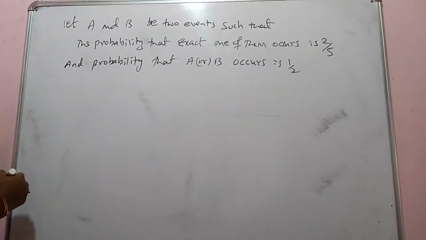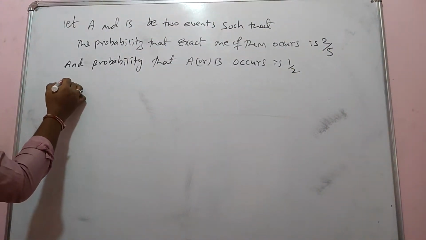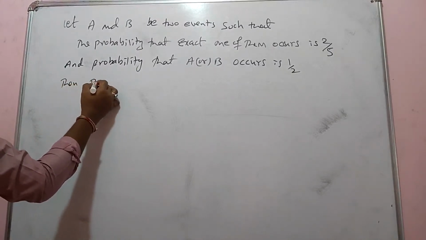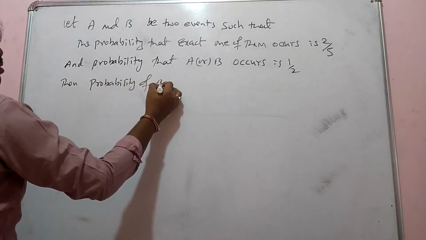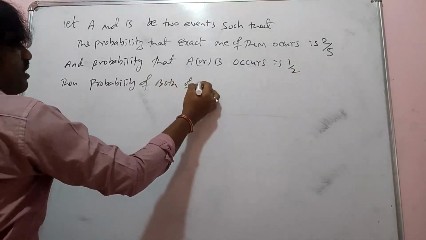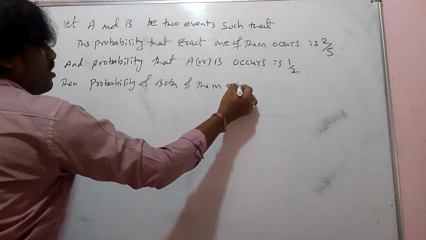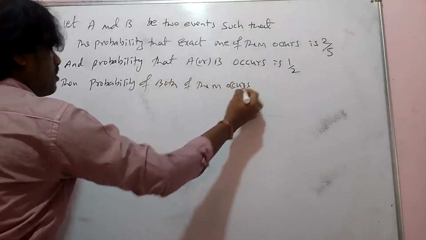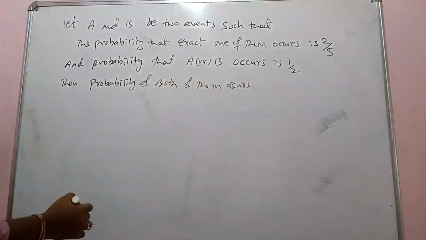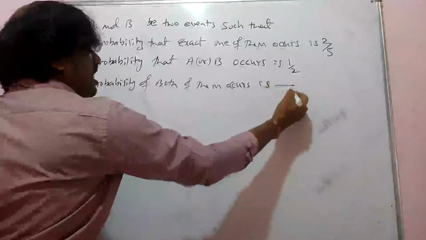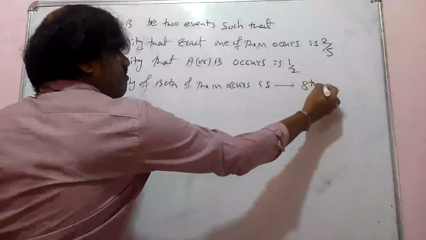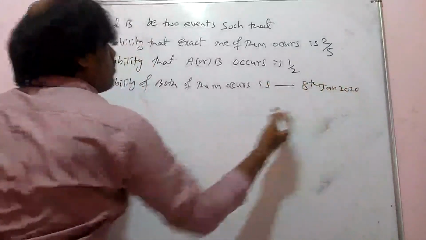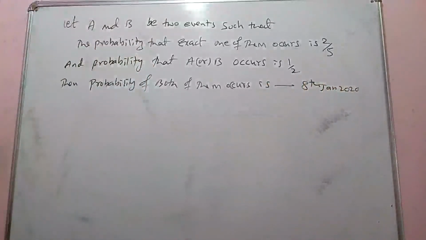Then the probability of both of them occurring together is dash. This question was asked on 8th January 2020.